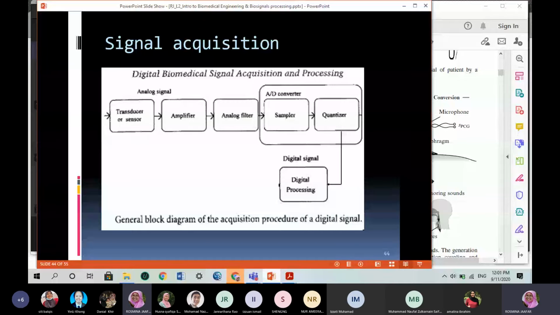Once you get the digital signals, you can do computation by programming. After the processing, you can do classification. If you want to display the signal or the results, you can have a display in an end-user meaningful format.